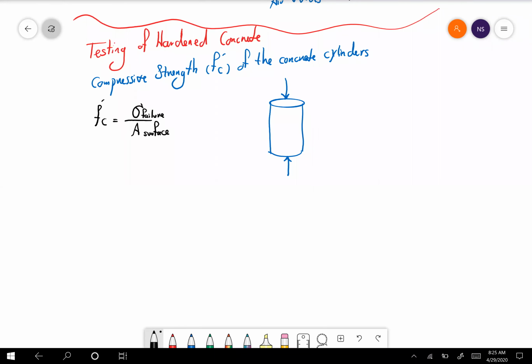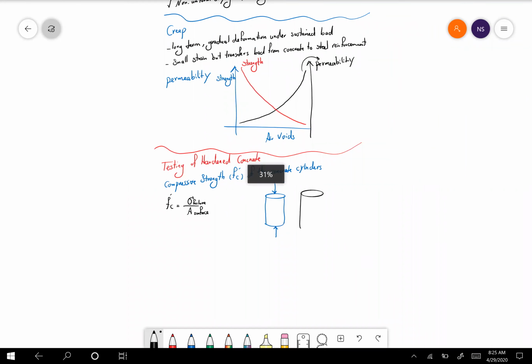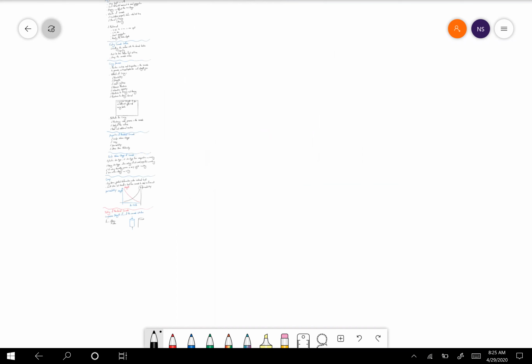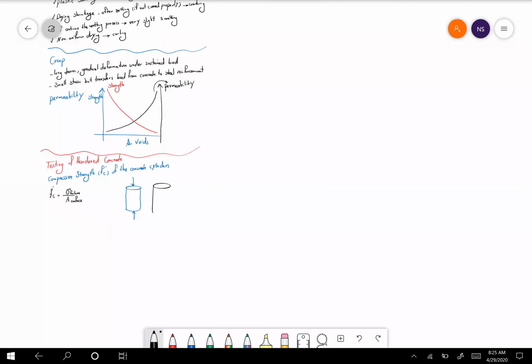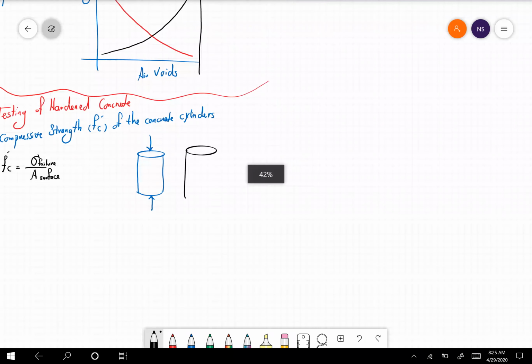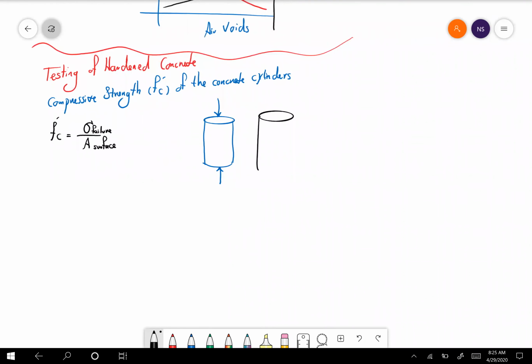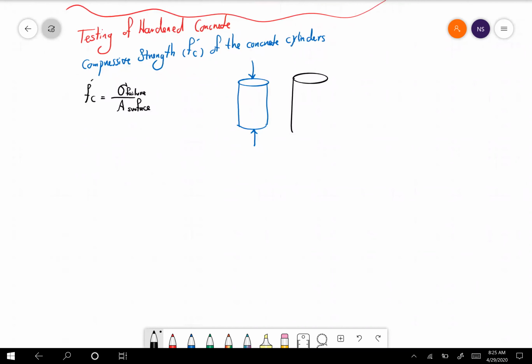And we probably talked about how to prepare the cylinders in the lab or in the field. And that's similar to the slump test and the other processes that we talked about: we fill 1/3 of the cylinder first.